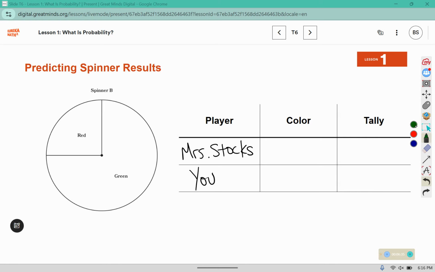I'm going to choose first again. This time I'm choosing green. So you get red.